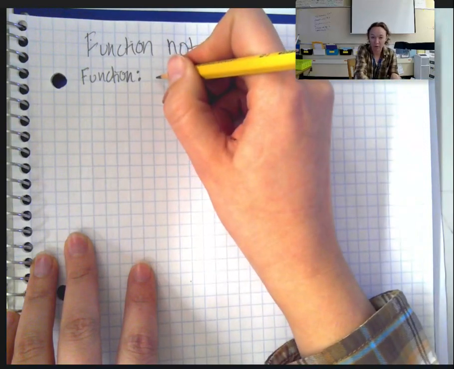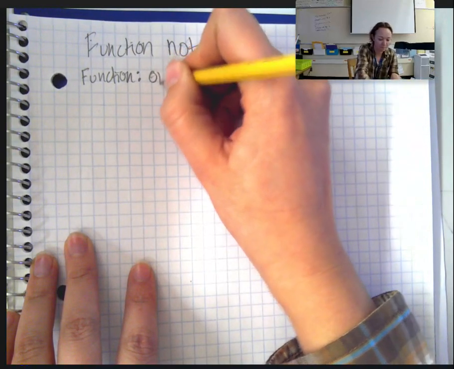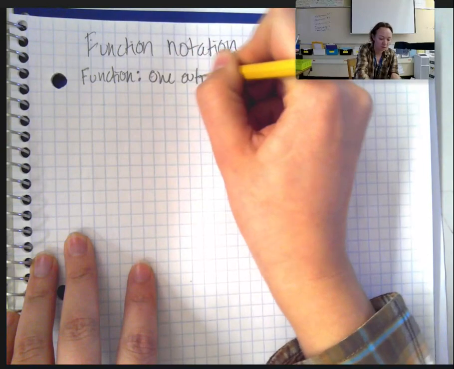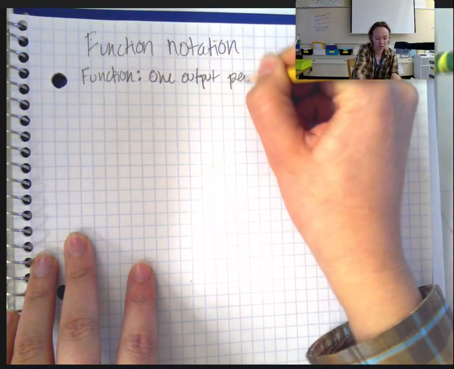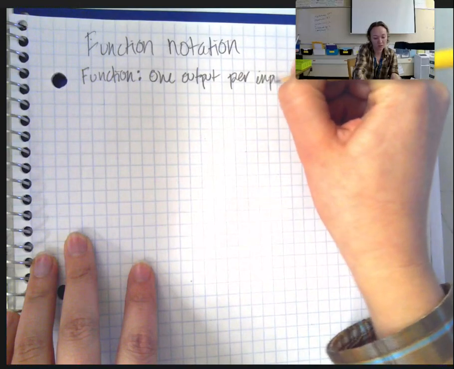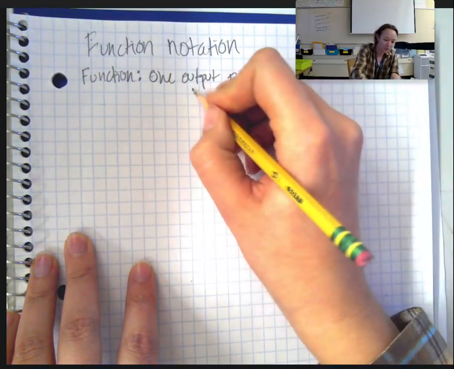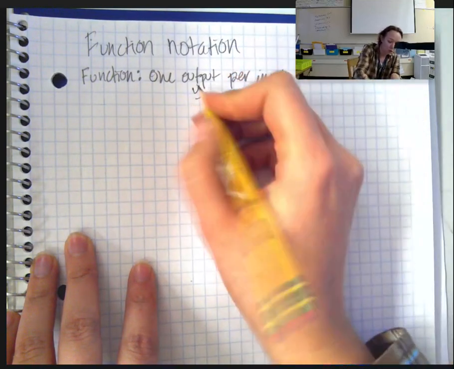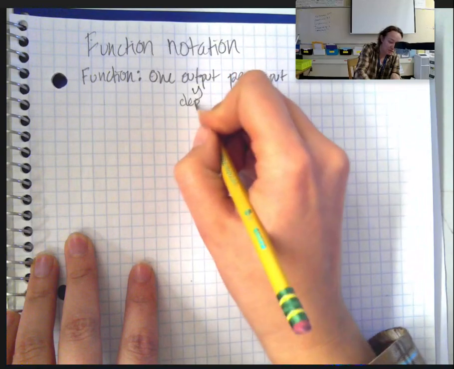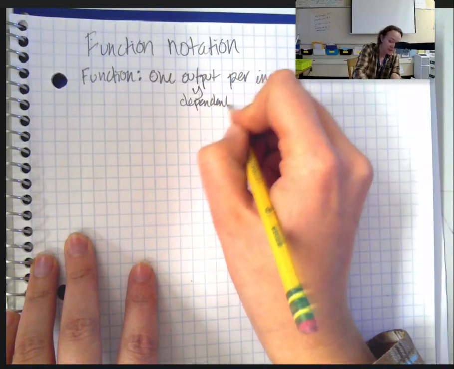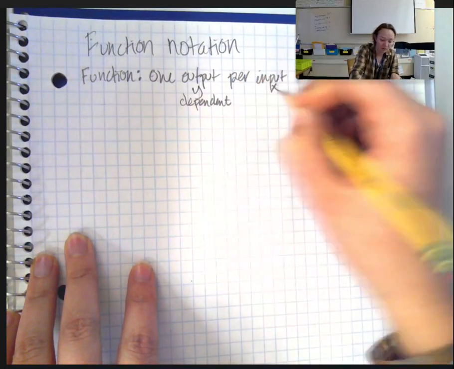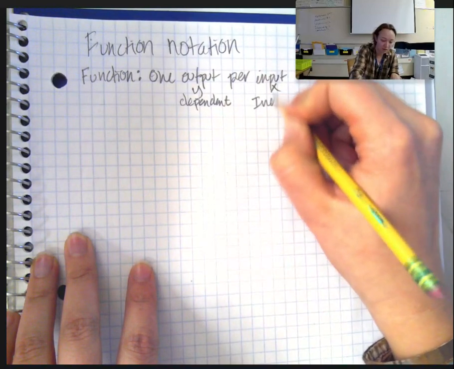So no more than one output per input. And the outputs here represent the y value or the dependent variable. And the input would be the x value or the independent variable.